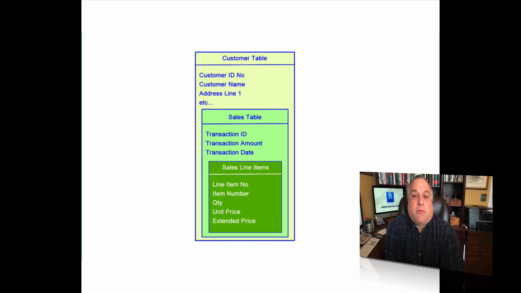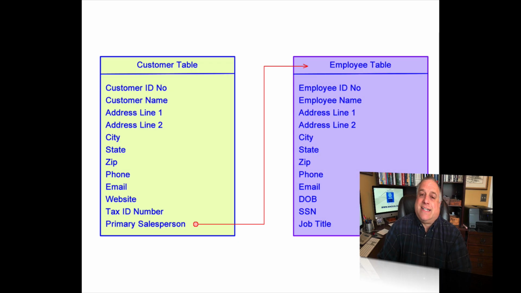A parent table, which defines all of the customers who buy our stuff. A child table, which is an actual sales invoice. And then within that sales invoice or sales table child, another child table, which defines each individual line item within the invoice.